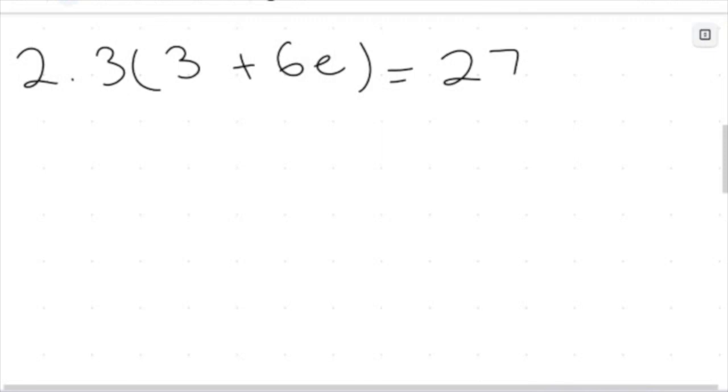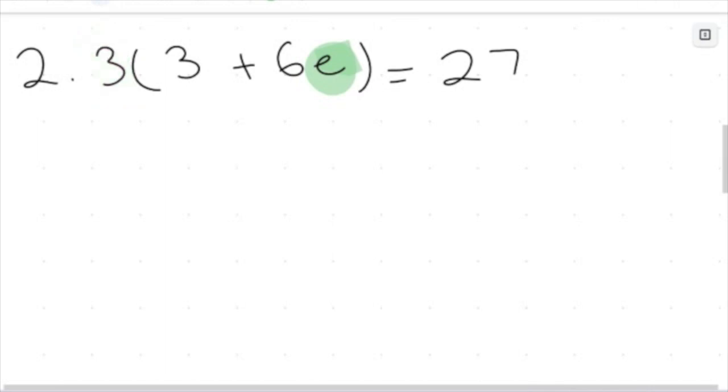Once again, I can think about this in the same way. Looking from the perspective of e, I first multiplied it by 6, then I added 3 to that, and then I multiplied all of that by 3. So the very last thing I did once again was multiplying by this 3 here.